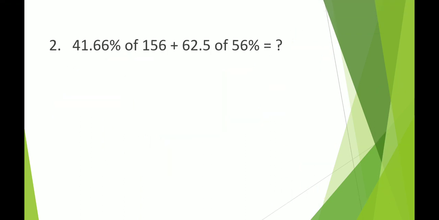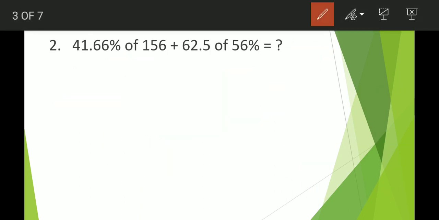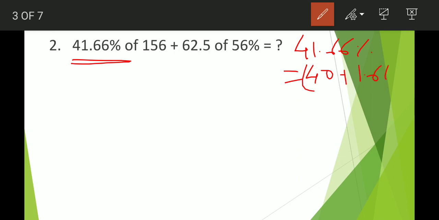Now let's move on to our next question. In this question, we have to find the fraction value for this 41.66 percentage. It can be written as 40 percentage plus 1.66 percentage.